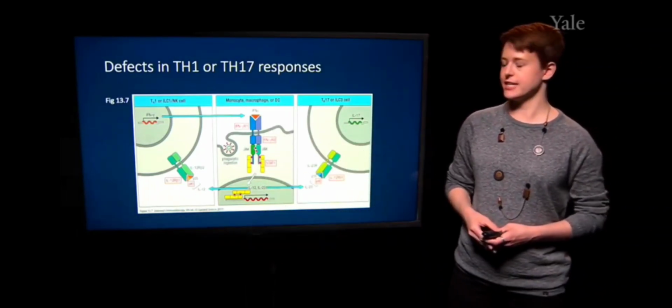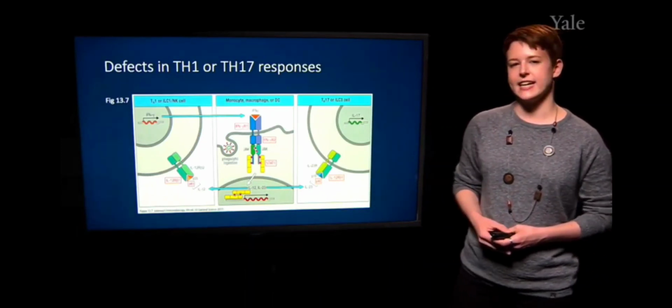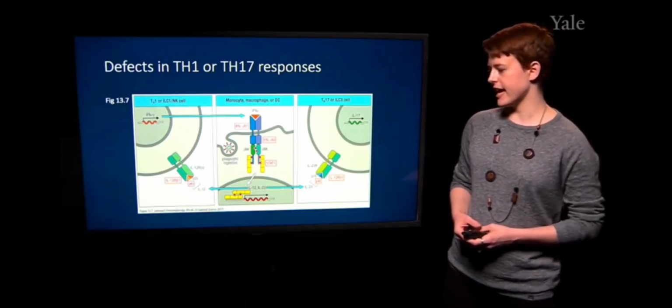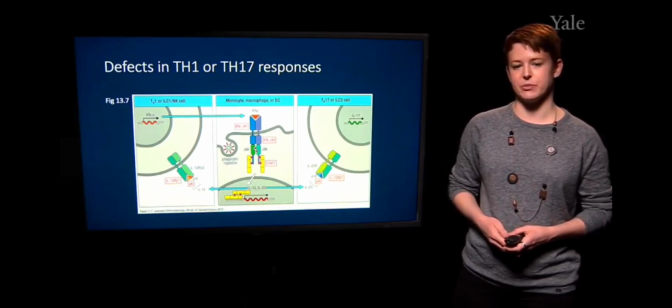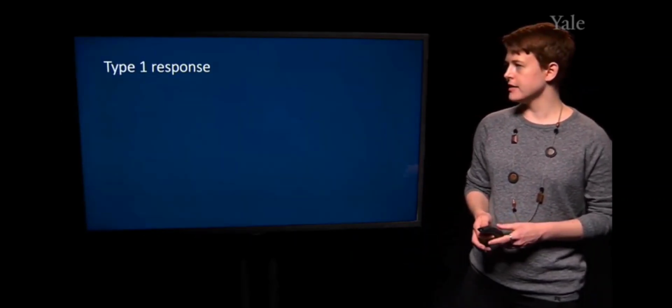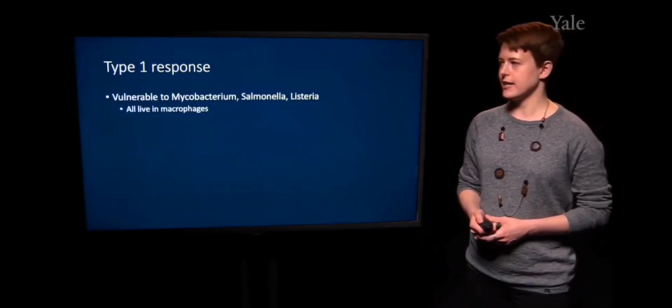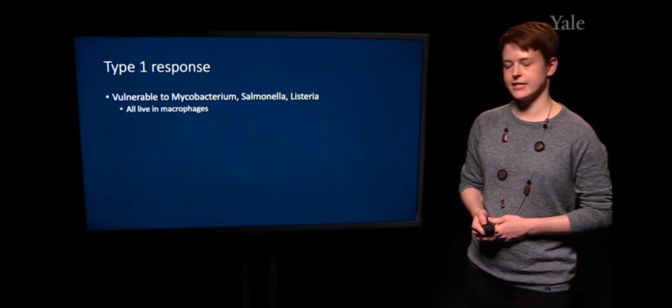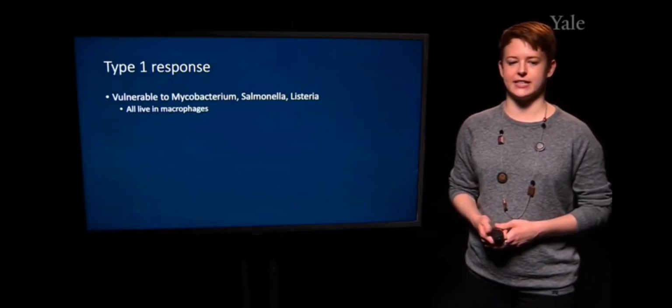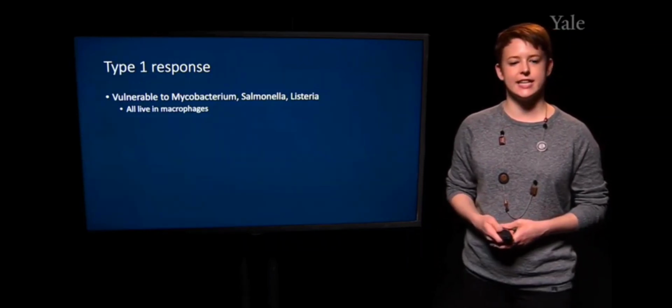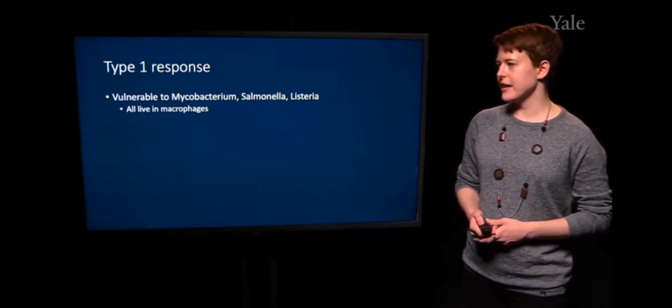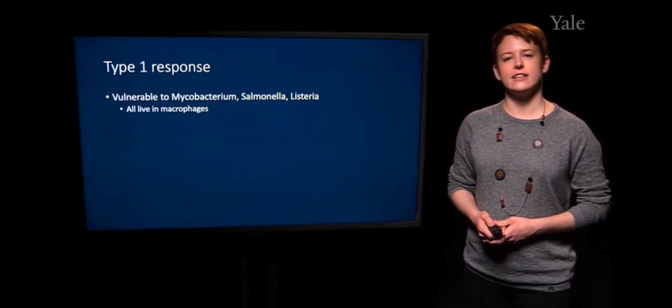And the cytokines in this, such as IL-12 or IL-23, are very important. For the Th1 response, we see patients that are vulnerable to Mycobacterium, Salmonella, and Listeria. And these pathogens are interesting because they're all intracellular pathogens that live inside of macrophages.